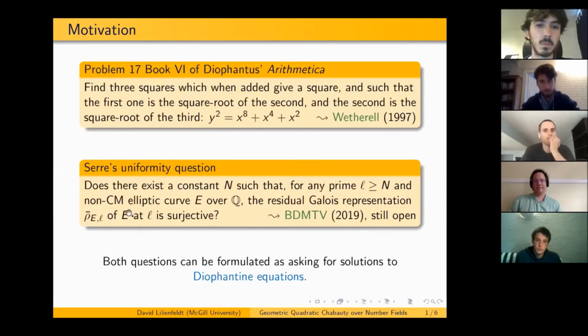And Serre's uniformity question was posed around the 60s, 70s, and it's still open today. But some of the most striking recent progress comes from the work of Balakrishnan, Dogra, Müller, Tuitman, and Vonk from 2019. So this is just to say that the study of Diophantine equations is a very old field, but some of the solutions we're only starting to see now with the development of more recent techniques. I'll come back to the specific solutions to these problems later in the talk.